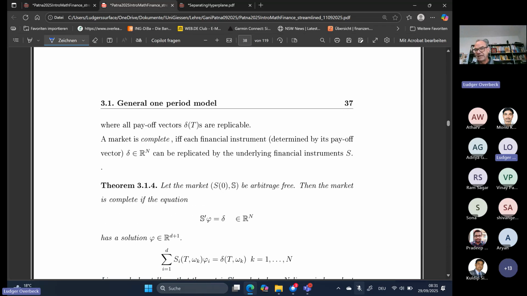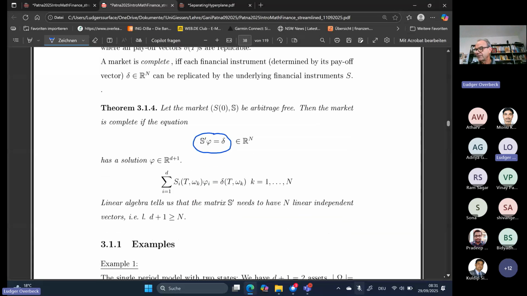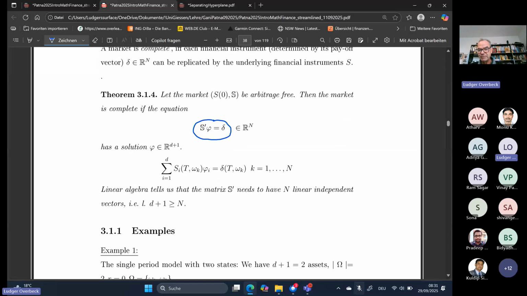And of course, by the replication argument we have seen, it is just equivalent to saying you take S transpose applied to phi. So this means, in this sense, S transpose is invertible. And here you see the condition on N. Of course, then we need to have at least as many assets as you have states.